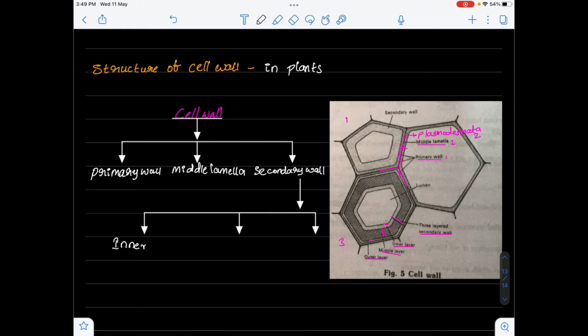It has the inner layer, middle layer, and outermost layer. And the space present in all these is called the lumen.